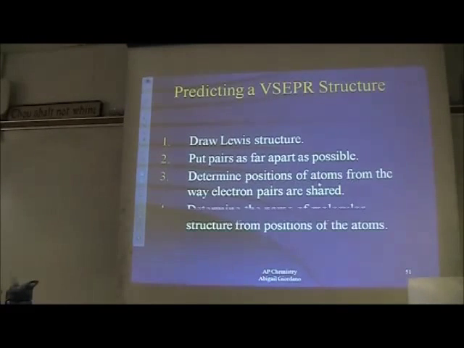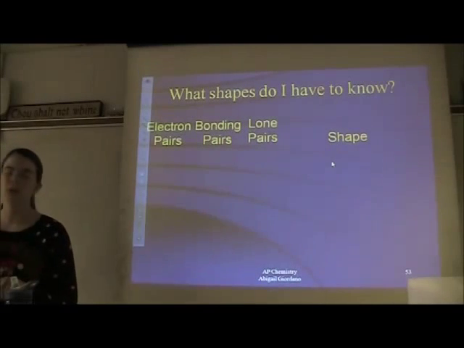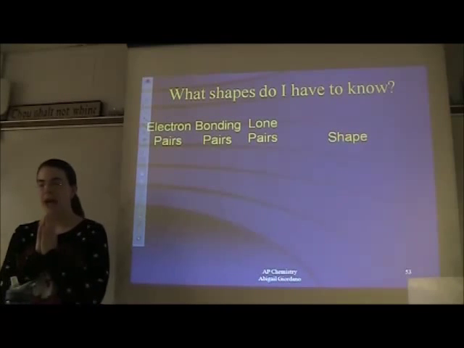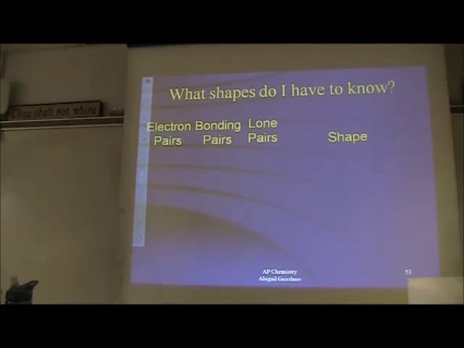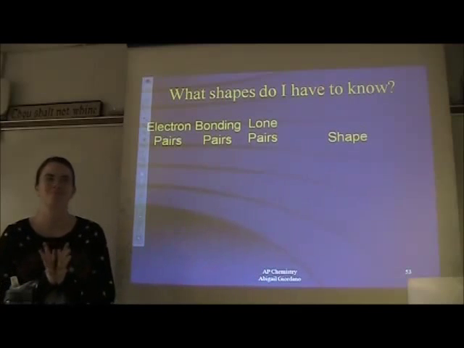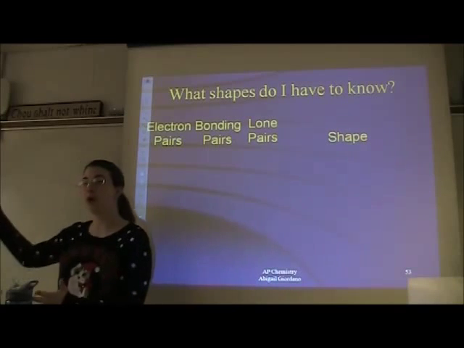Now, here we go. Here's what I'm going to do. Okay? We have, let's see, 10, 15 shapes to learn today. What I am going to do is give you an example. I'm going to write it up on the board.